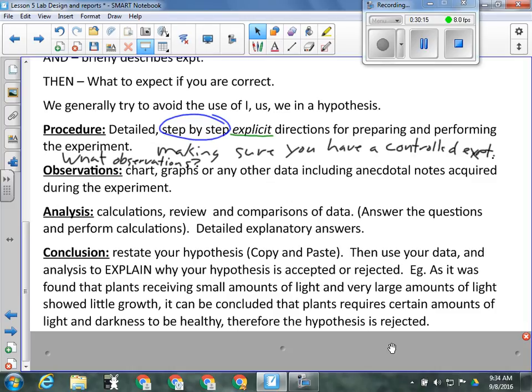You have to restate the hypothesis. Here's what I said. Here's what was found and how it related to what I said, and I was right or I was wrong. But we never write I was right or I was wrong. We say the hypothesis is accepted or the hypothesis is rejected, or sometimes you can conditionally accept the hypothesis.